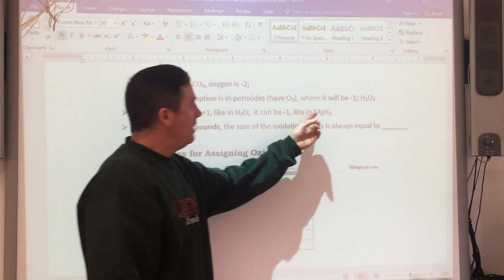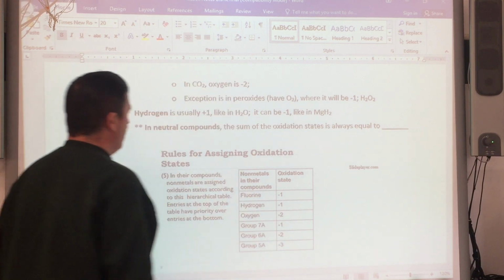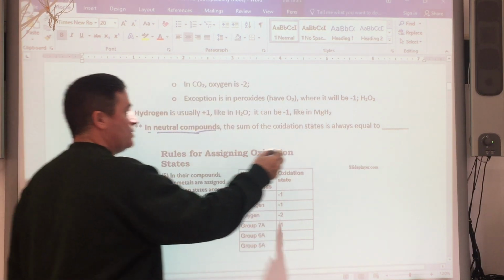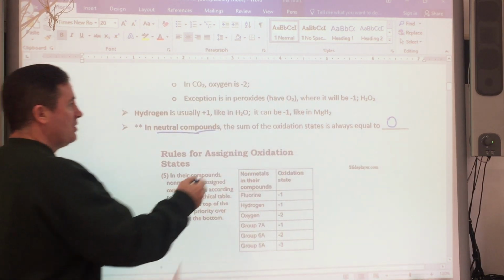So when hydrogen's with a metal, it has a -1. And just to remind you, in neutral compounds, the sum is going to be 0.